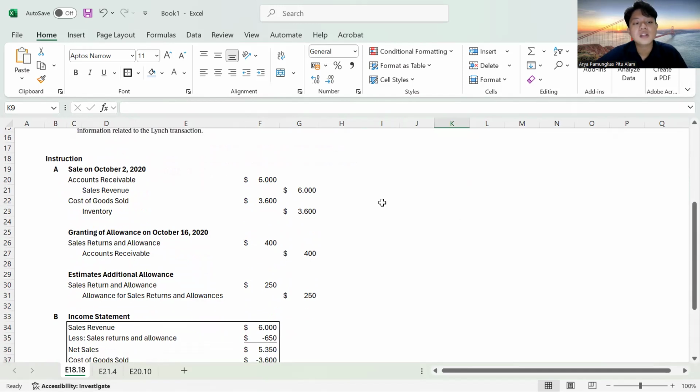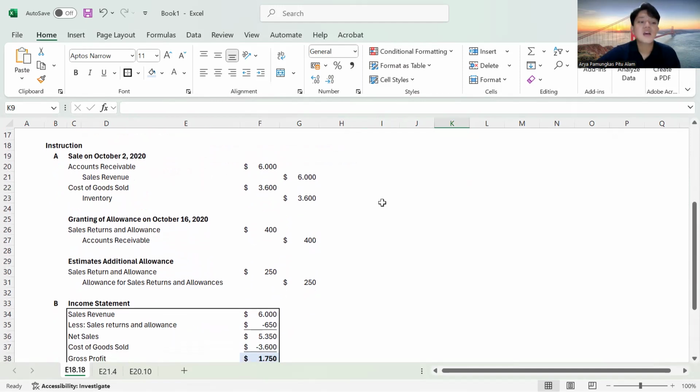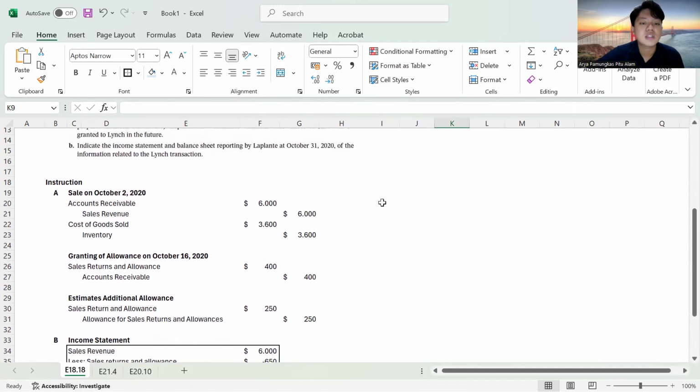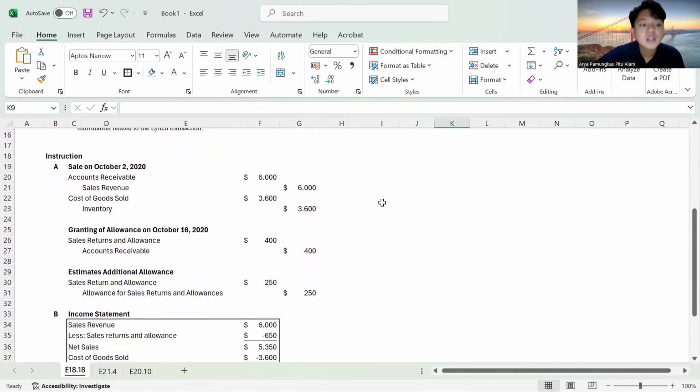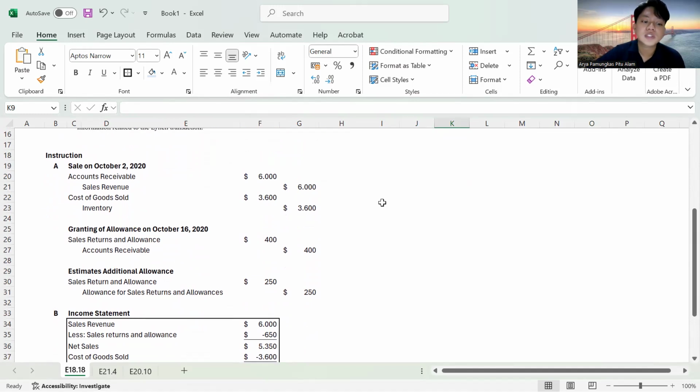Then the granting of the allowance on October 16, 2020: sales returns and allowances and accounts receivable, both for $400. The last entry is for the estimated additional allowance, which is just the adjusting entry: sales returns and allowances and allowance for sales returns and allowances, both for $250.